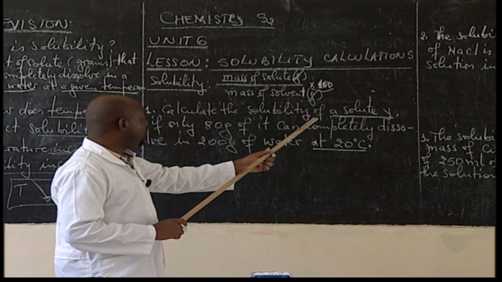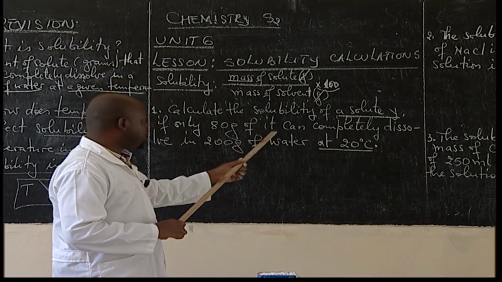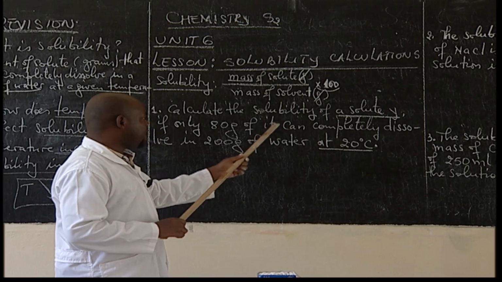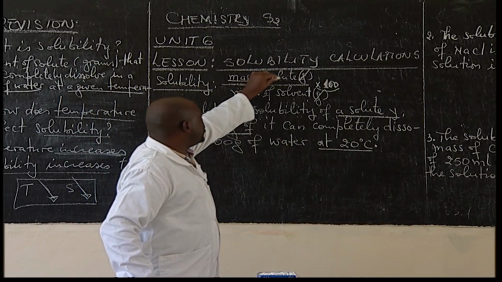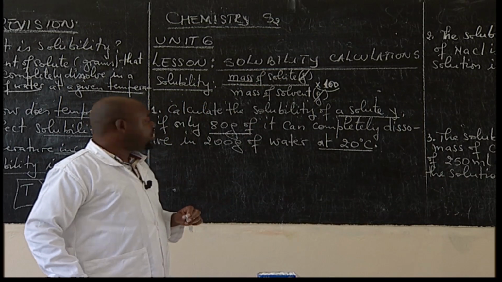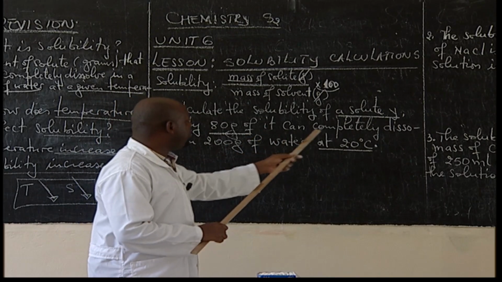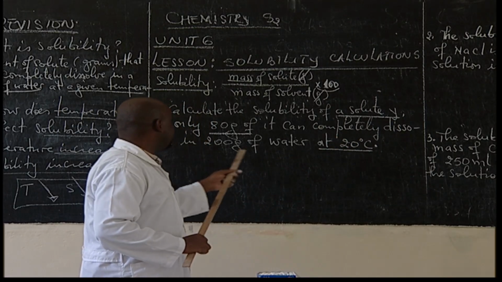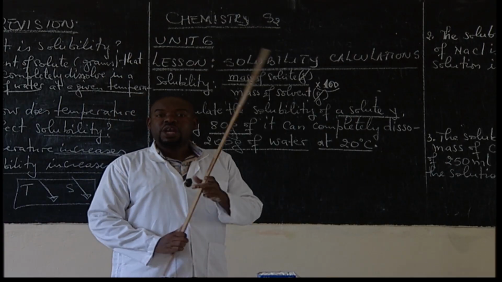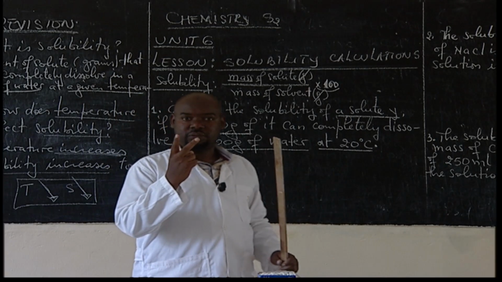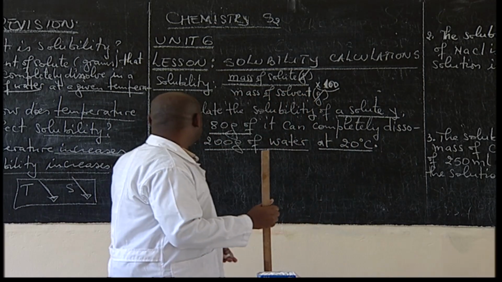Calculate the solubility of a solute Y if only 80 grams of it. The it we have here stands for the solute Y. So we have the mass of the solute. Mass of solute has been given. If only 80 grams of it can completely dissolve in 200 grams of water. Water is the solvent. So we have both data we need to solve our question.